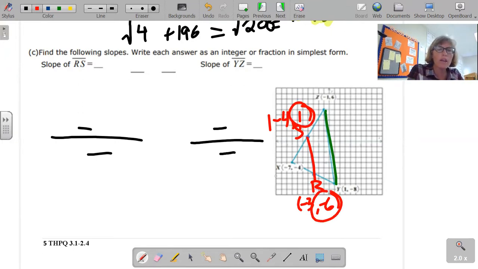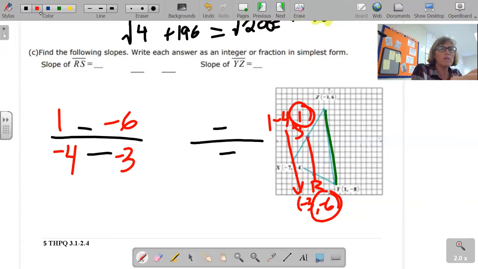That's going to be 1 minus -6, and it's going to be -4 minus -3. My slope here, double negative makes a positive. That's 7 over -1.